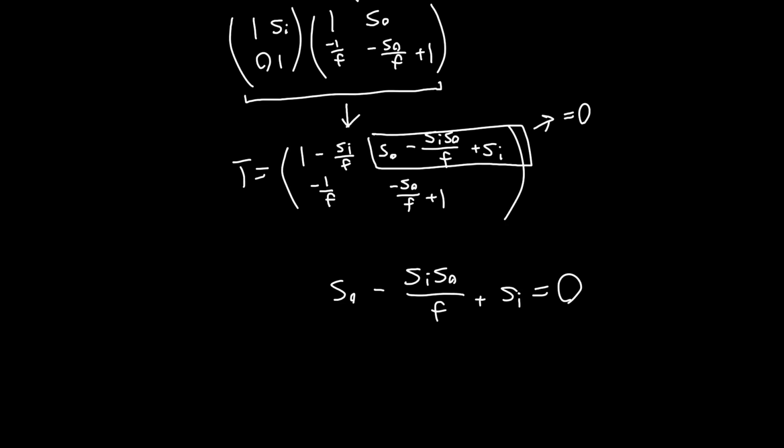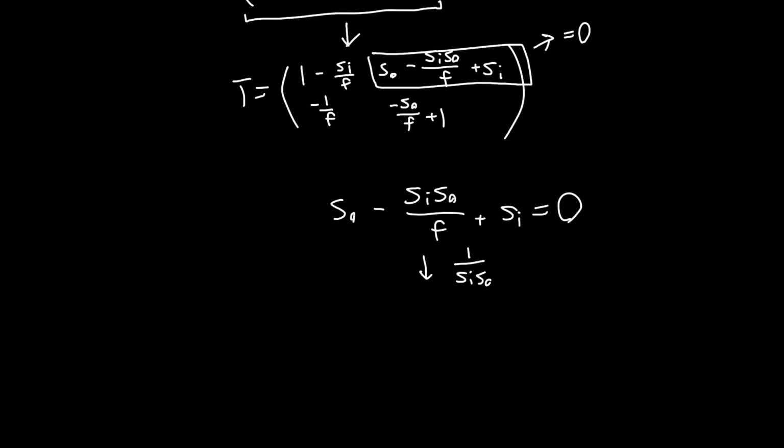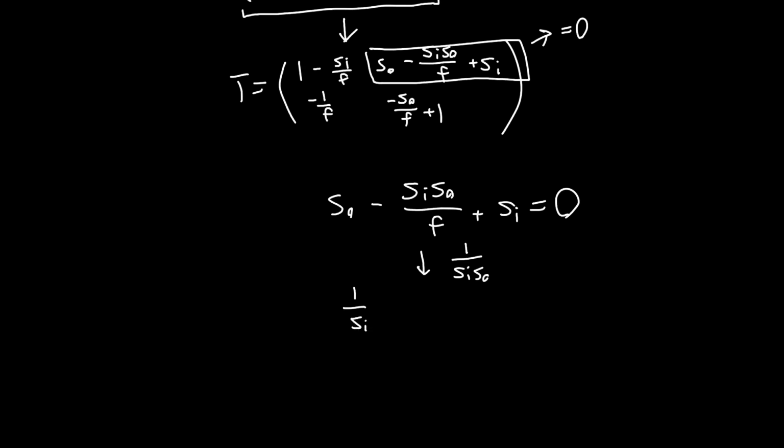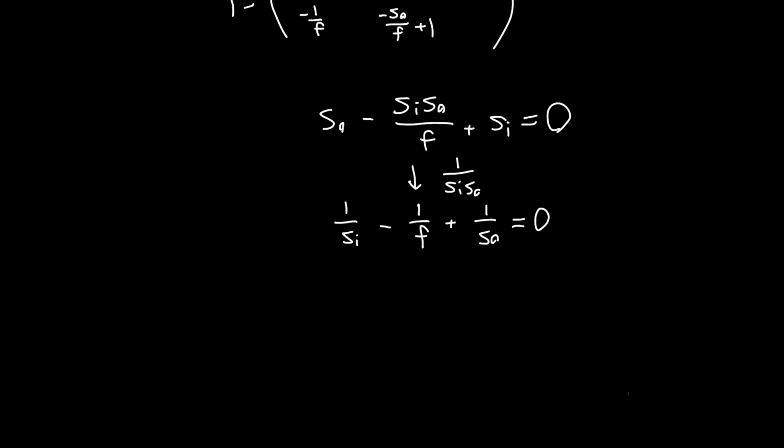If we assume that si and s0 aren't equal to 0, which would make our optical system a little weird, to say nothing of what that would do to the math, let's just divide everything by si s0. If we do that, we'll get 1 over si minus 1 over f plus 1 over s0 is equal to 0. And if we move over the 1 over f, we have the final form of our imaging condition.